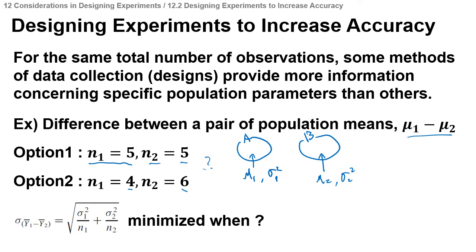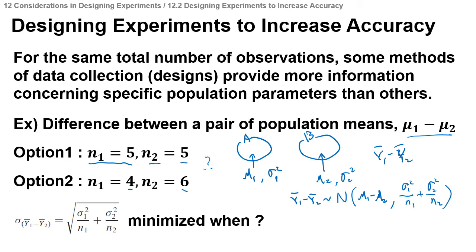An estimate for mu1 minus mu2 is y1 bar minus y2 bar, and as the sample size goes large, this follows a normal distribution with mean mu1 minus mu2 and variance sigma 1 square over n1 plus sigma 2 square over n2.